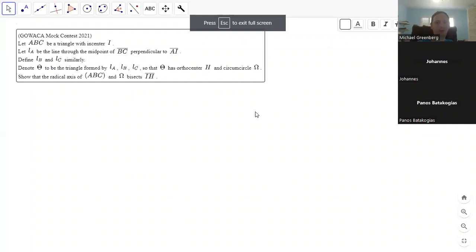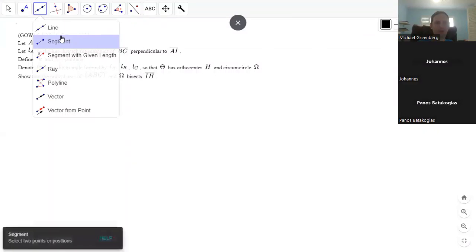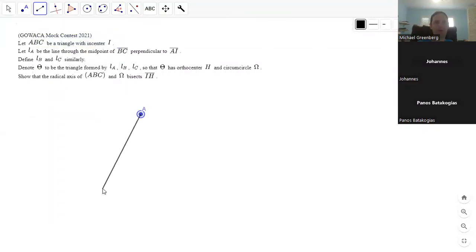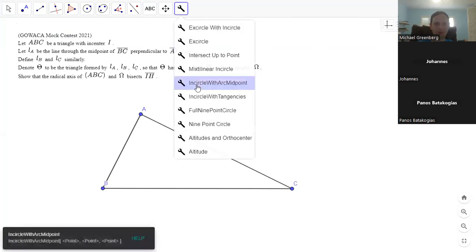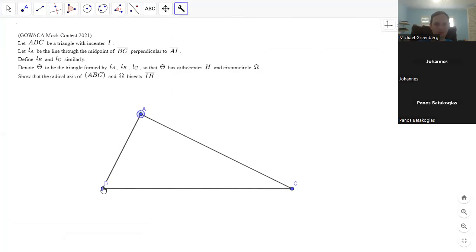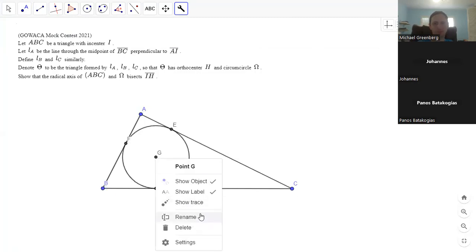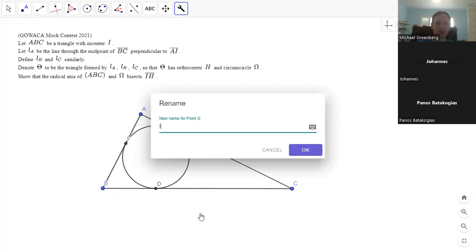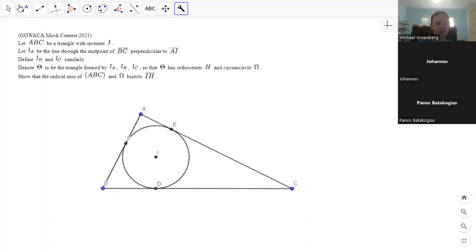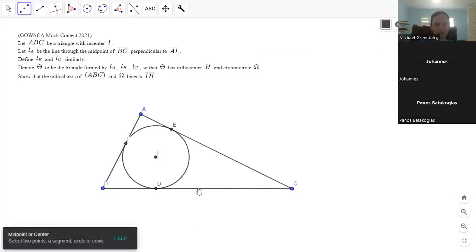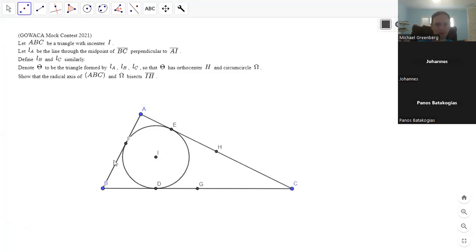So we have a triangle with incenter I, and we draw three different lines perpendicular to AI, BI, and CI. Let's do that. This is I, and let's draw the three midpoints: 1, 2, 3.